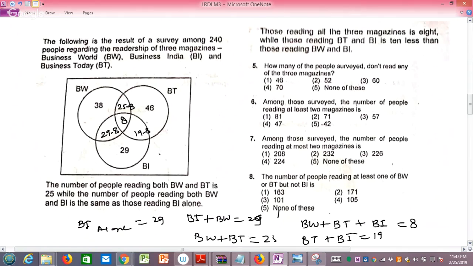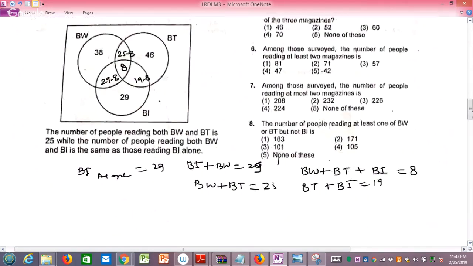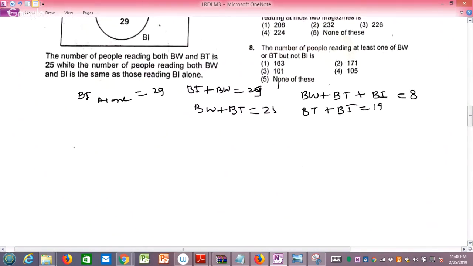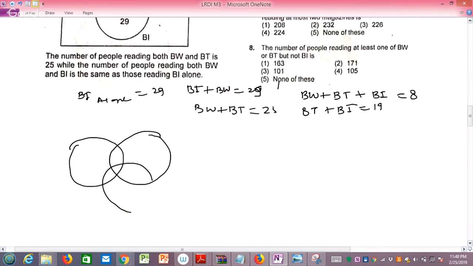So ultimately, what we get is the Venn diagram. Let me modify this Venn diagram. BW, BT and BI: here it is 8.